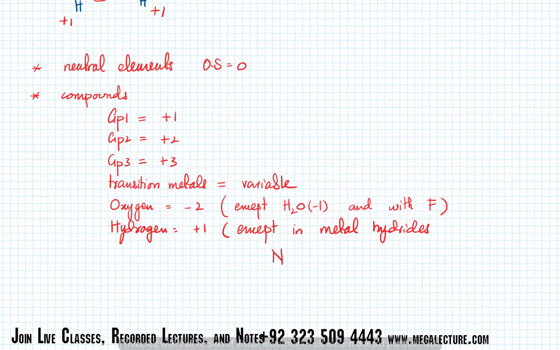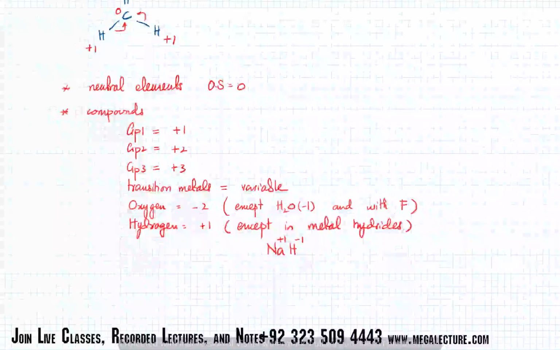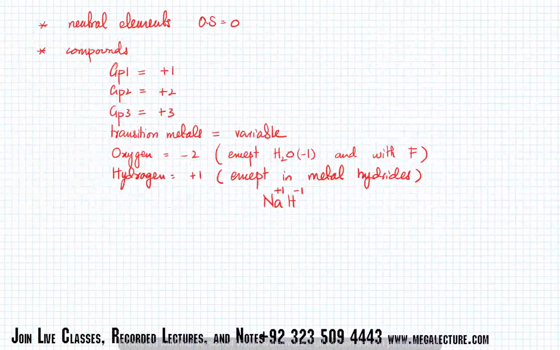For example, if you've got NaH, then Na is the one that's going to lose electrons. H is the one that's going to gain electrons.